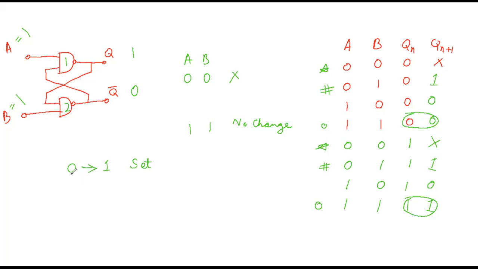So when you are changing a 0 to 1, this operation is called set. And when you are doing the opposite thing, when you are changing a 1 into a 0, this operation is called a reset operation.